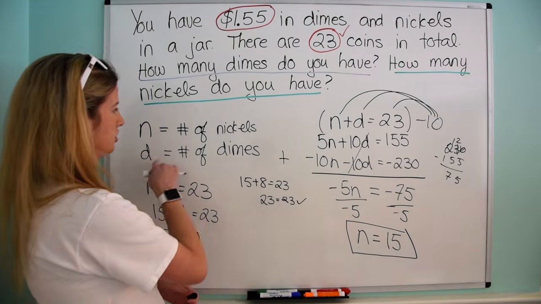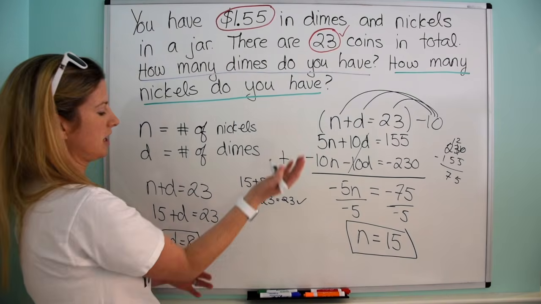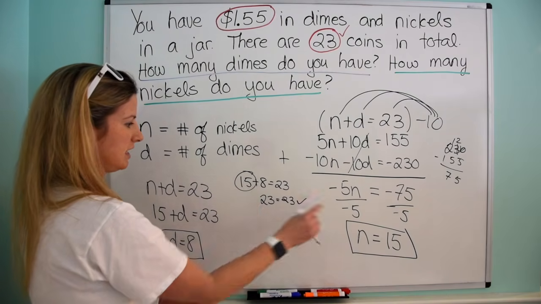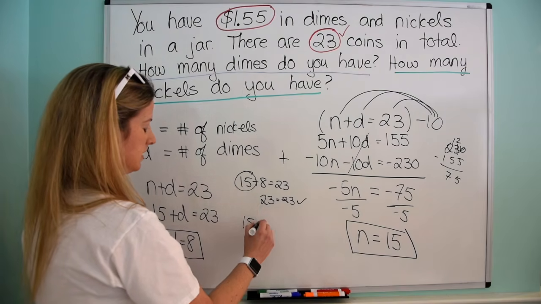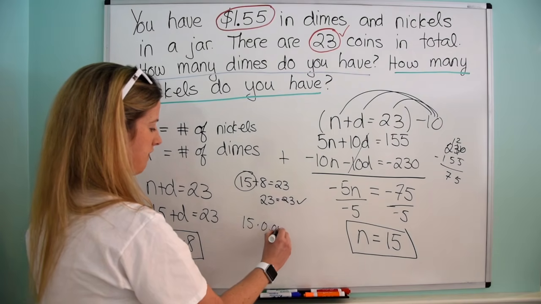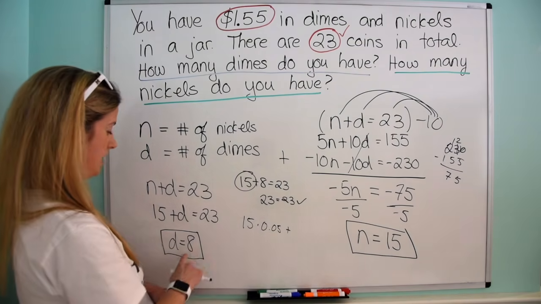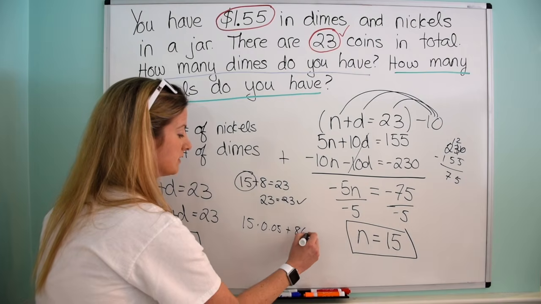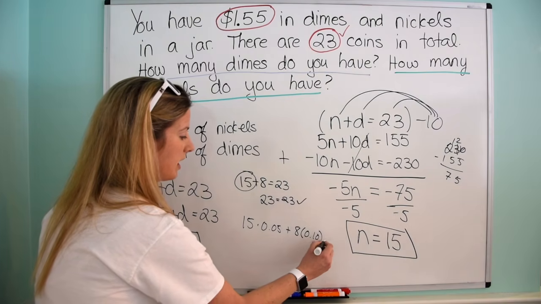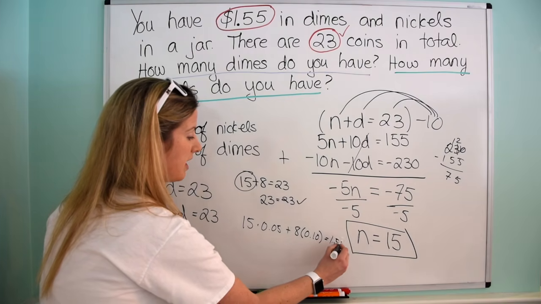Then you can check your second one, which is this $1.55. So if I have 15 nickels, I'm going to do 15 times 0.05, and then I have 8 dimes, so I'm going to do 8 times 0.10, and I want to know, does that equal $1.55?